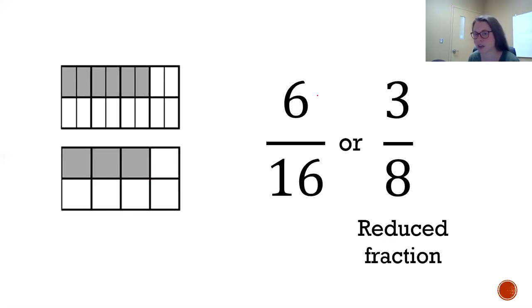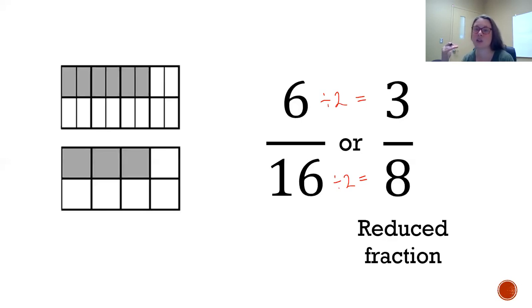Mathematically, in order to do that, I look at both of these and think, what can I divide both of them by? Ideally, I look for the largest number I can divide both of them by. 6 can be divided by 2, which gives me 3. 16 can be divided by 2, which gives me 8. So that gives me my 3/8.